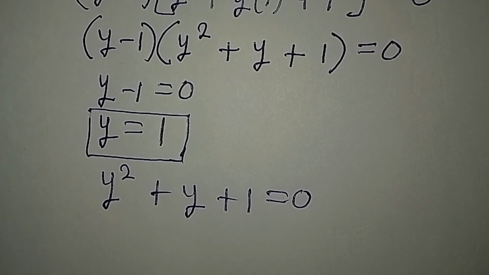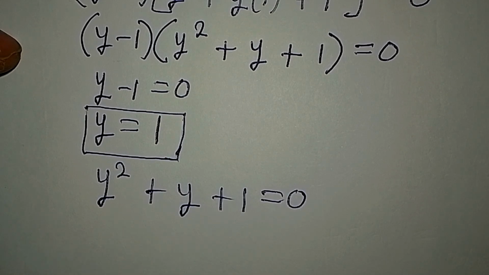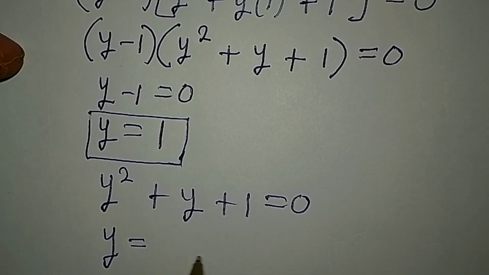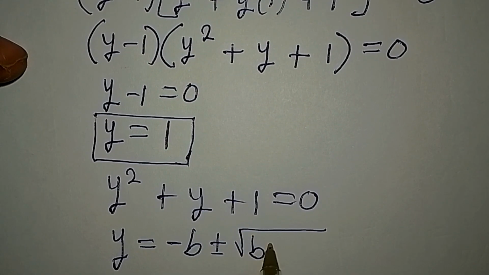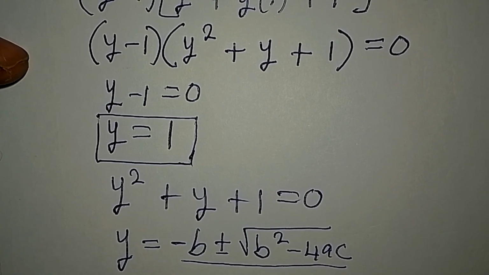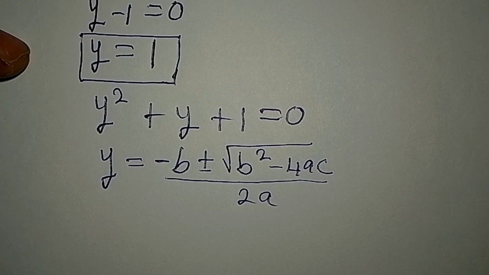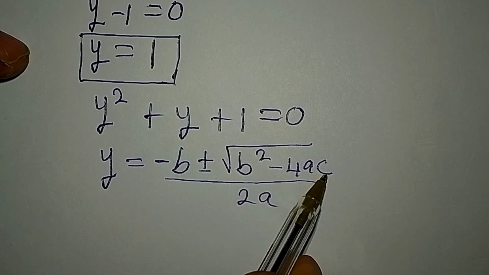Now this will take you time trying to think out the factors, right? So instead of thinking the factors, use your formula. So for the formula, y is equal to minus b plus or minus square root of b squared minus 4ac, everything is over 2a. Okay, so this is the formula. I believe you can have this formula offhand, right? So the next thing we're going to do is to get our a, b, c.